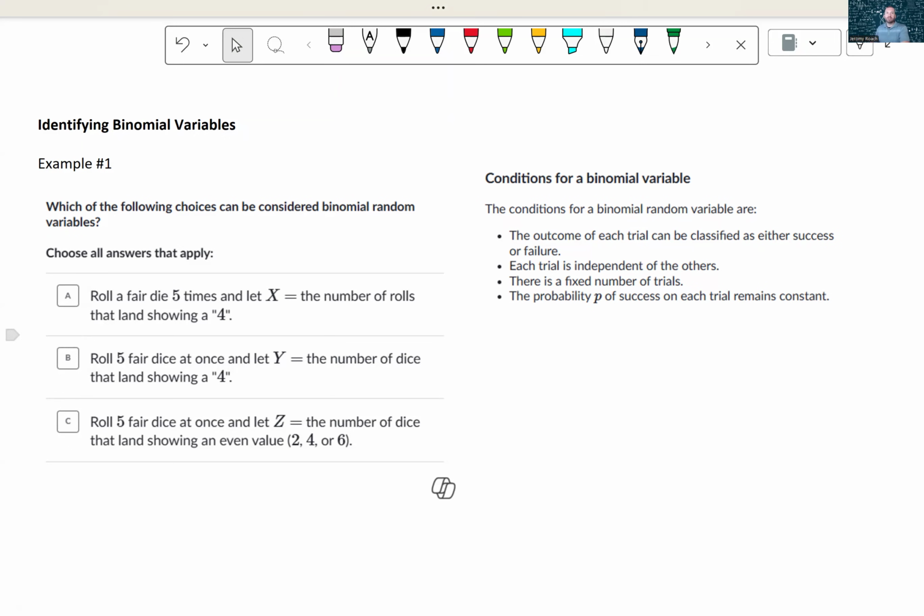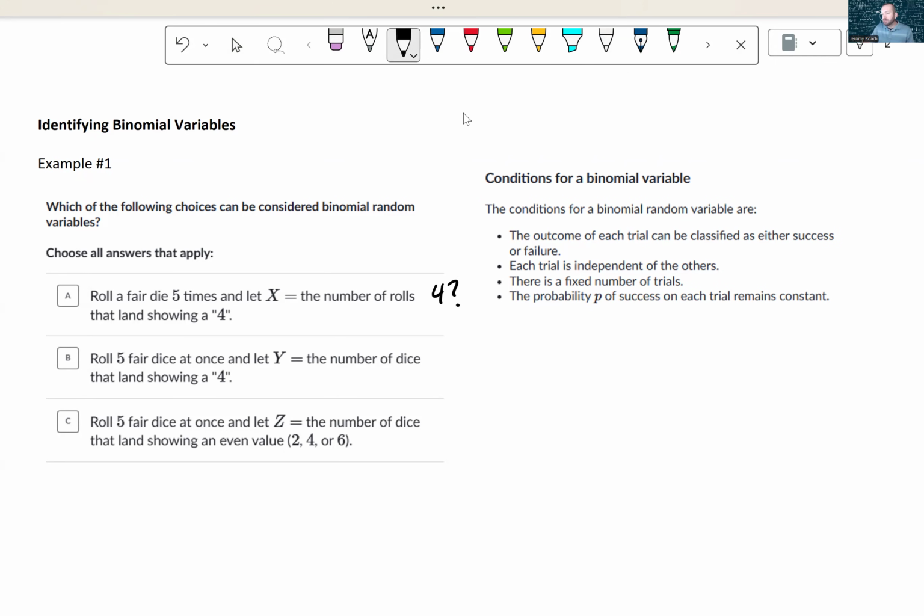So the first one says roll a fair die 5 times and let X equal the number of rolls that land showing a 4. So we know that the probability remains constant. The outcome for each trial can be classified as success or failure because what we're asking for A is, is it a 4?